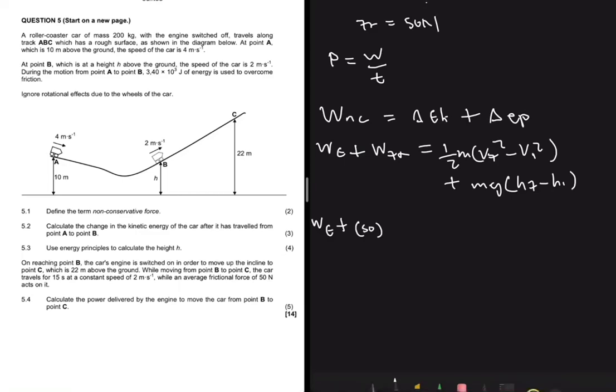And then the question to ask is, what's delta x? If you read the question attentively, it says that it travels for 15 seconds at a speed of 2 meters per second. If you remember from grade 10, distance is given by speed multiplied by time.